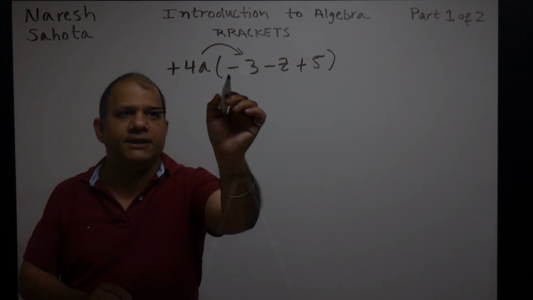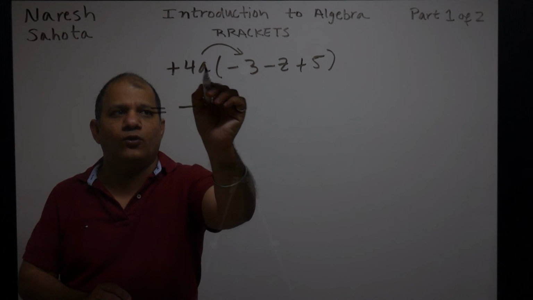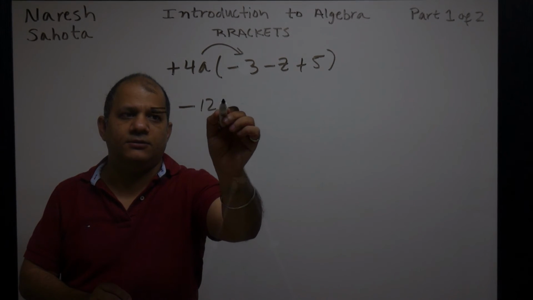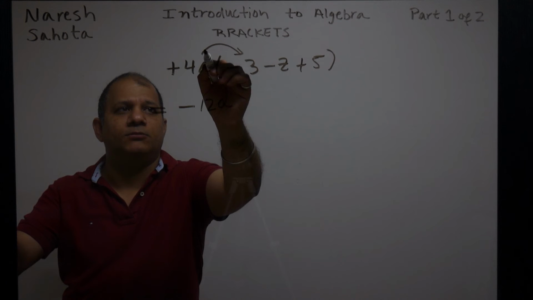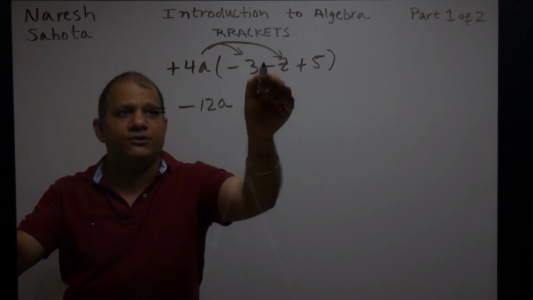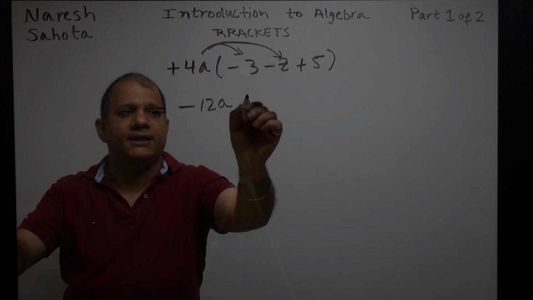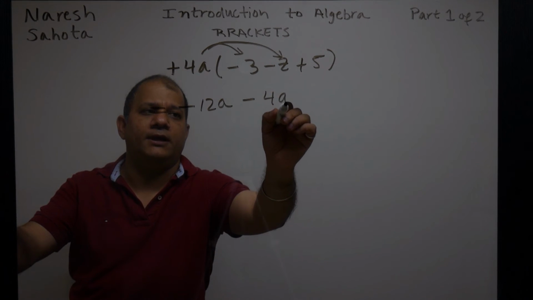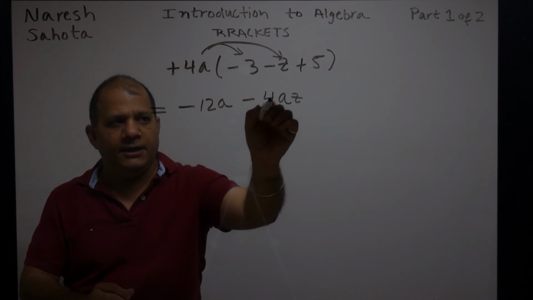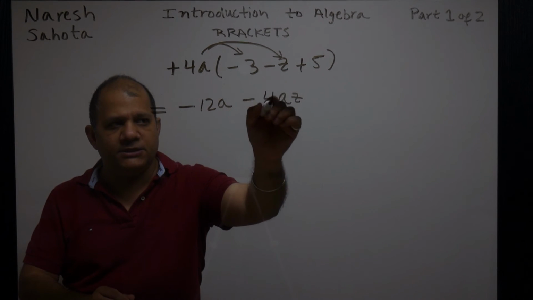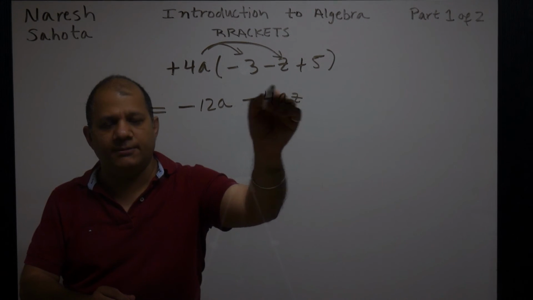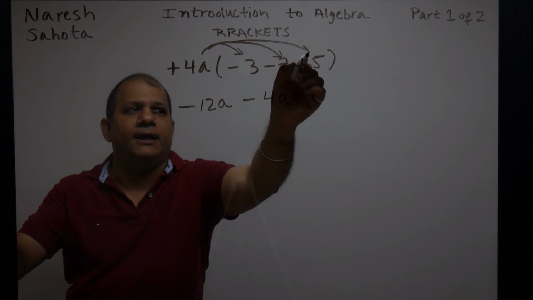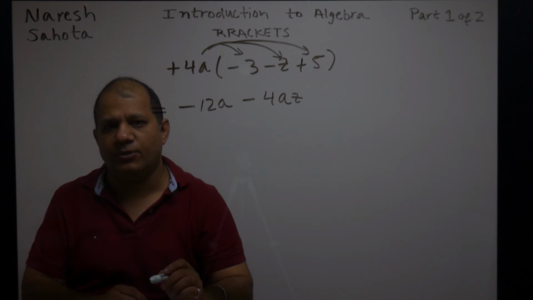Positive times negative is negative. 4 times 3 is 12, times a is 12a. Multiply now 4a with the second term. Positive times negative is negative. 4a times z is 4az, which means 4 times a times z. Now multiply 4a with the last term of the bracket.